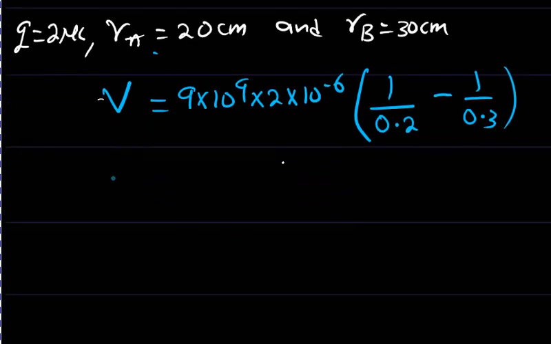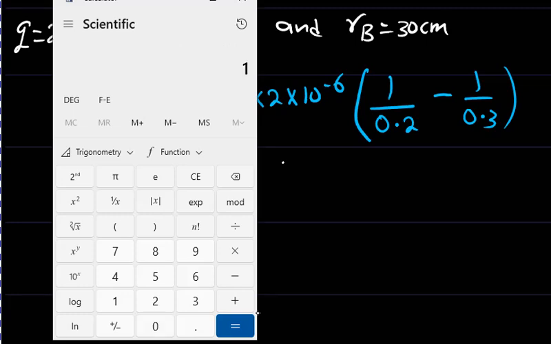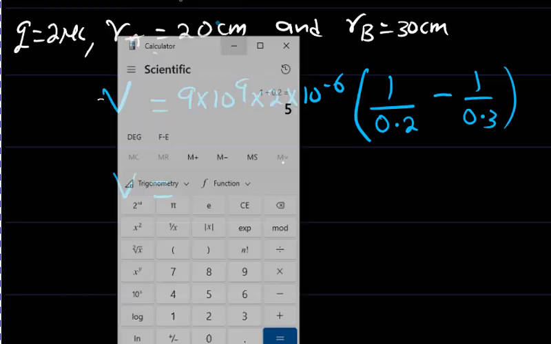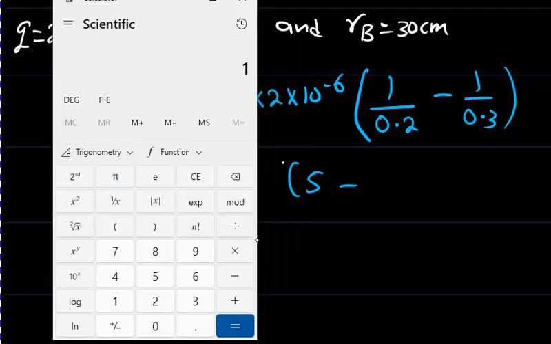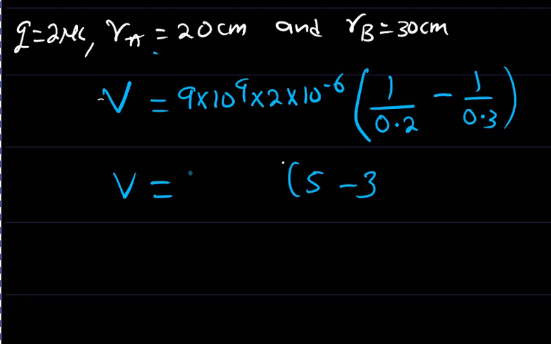Let's do that. 1 divided by 0.2 is 5. Here I have 5 minus 1 divided by 0.3, which is 3.33, so approximately 3.